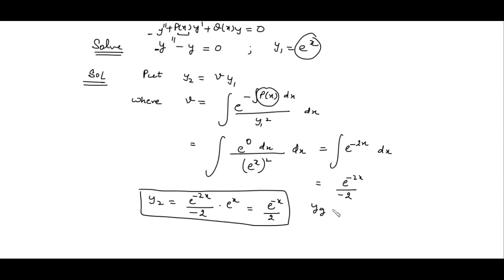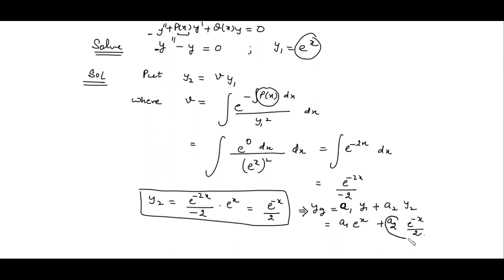So the general solution will be a1 y1 plus a2 y2, where a1 and a2 are constants. a1 times e to the power x plus a2 times e to the power minus x by 2.